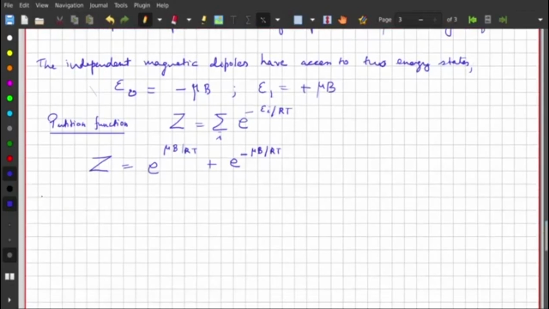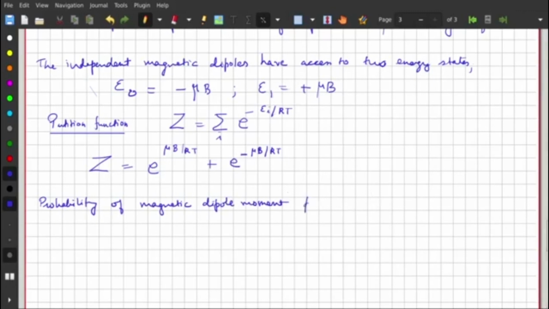So now therefore the probability of the magnetic dipole moment pointing parallel to the magnetic field is given by P. Let's call that state 0.